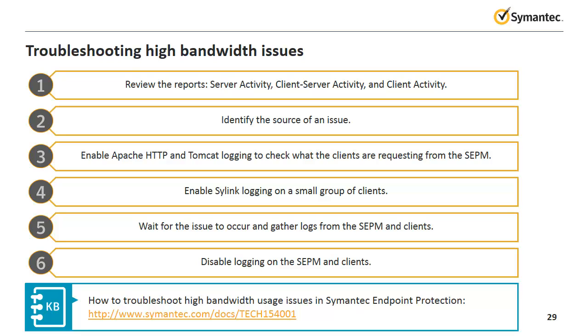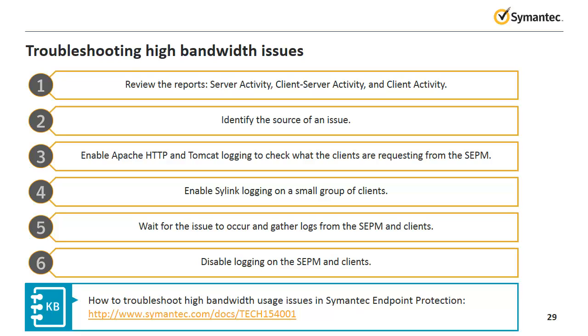For troubleshooting high bandwidth issues, it's essential to identify the source of the problem. Review the server activity, client server activity, and client activity logs in the SEPM. If you're unable to determine the origin of the problem, enable Apache, HTTP, and Tomcat logging to profile the type of requests from the client computers to the manager.